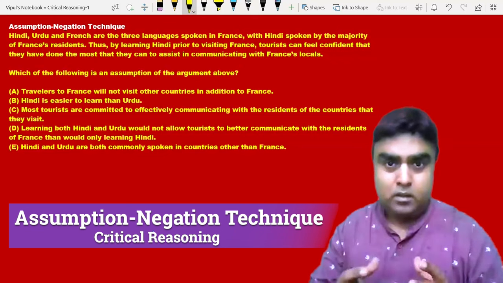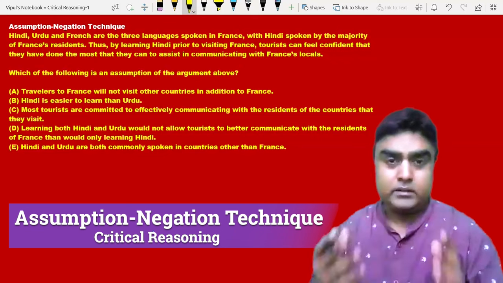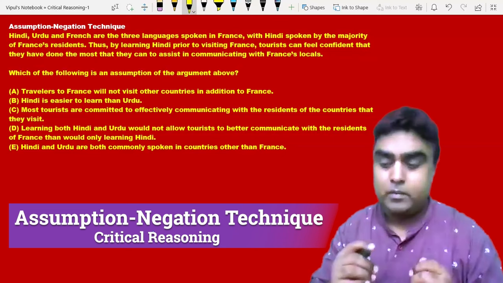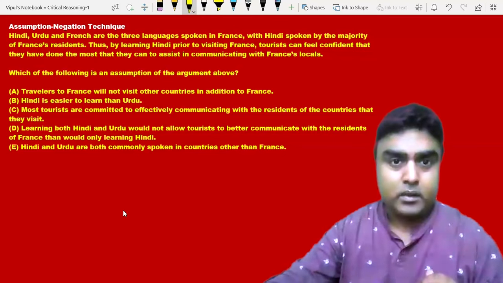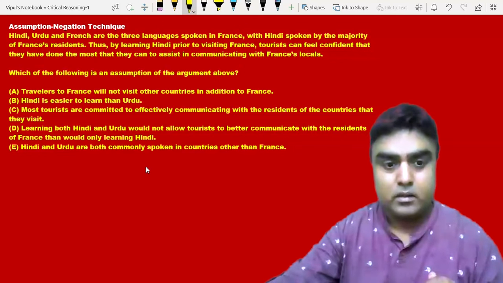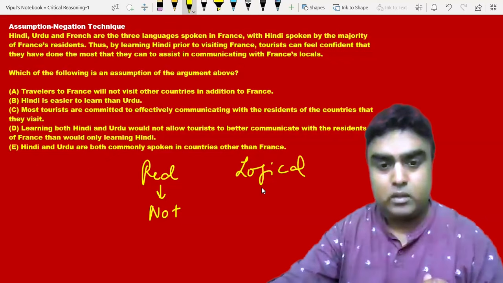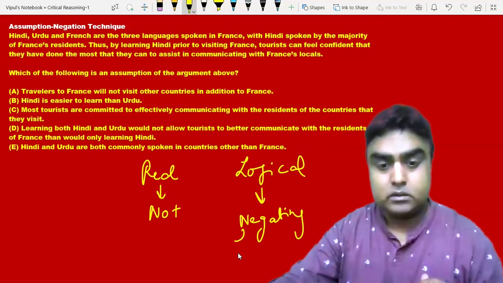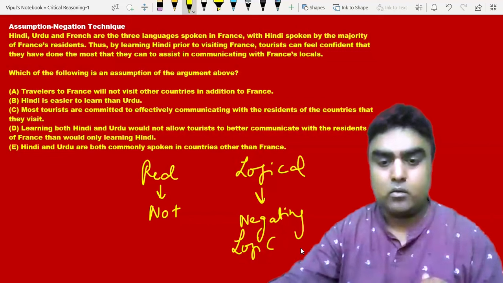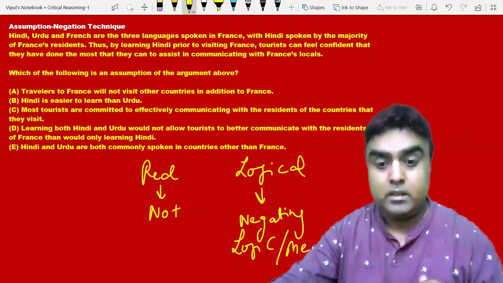Most of the people will use a negation technique in a realistic way. I mean to say, when we talk about negation in the real world, if I have to negate a sentence, I will just introduce "not." But in the logical world, what I mean by negation is negating the logic, or you may also call it the meaning.